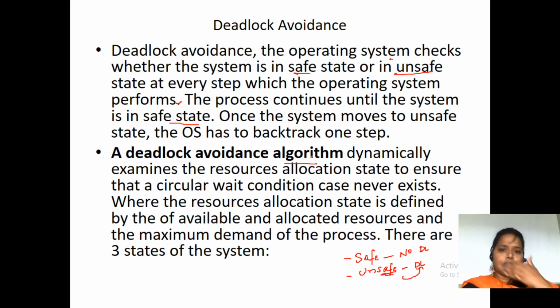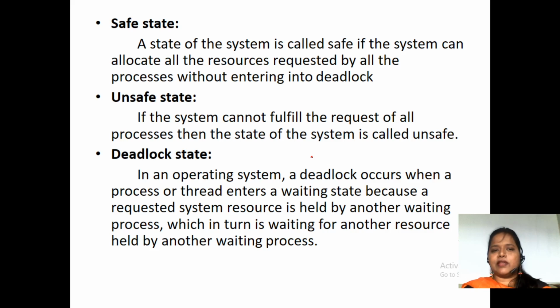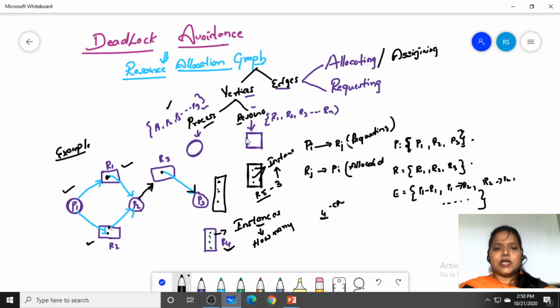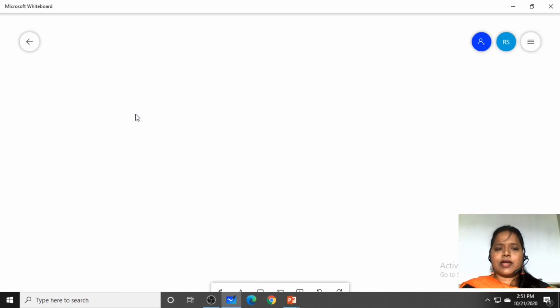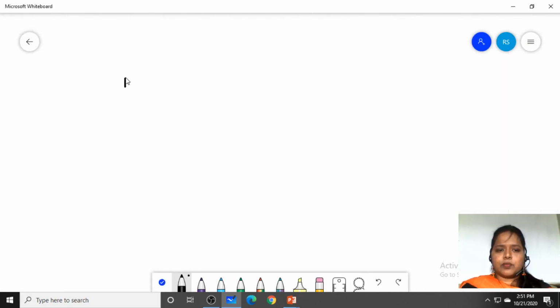So here when we are talking about deadlock avoidance, there is safe state, unsafe state, and a deadlock state commonly. Safe state in the sense: suppose the process P1 is there and resource R1 is there, and process P2 is there and resource R2 is there.